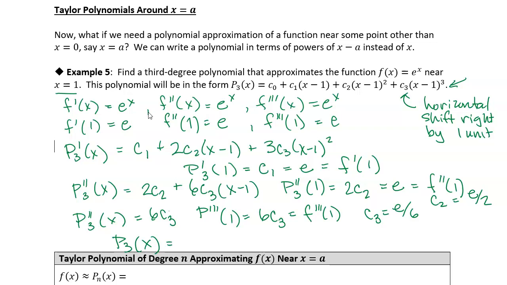So we have c0, which was e, plus e times x minus 1, plus e over 2 times the quantity x minus 1 squared, plus e over 6 times x minus 1 cubed. There's our third degree Taylor polynomial approximating e to the x near x equals 1.